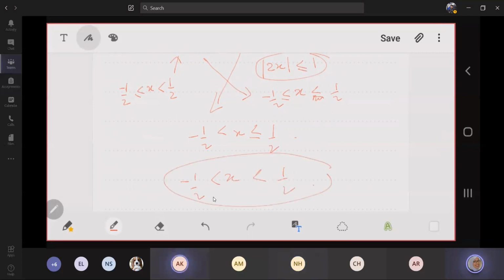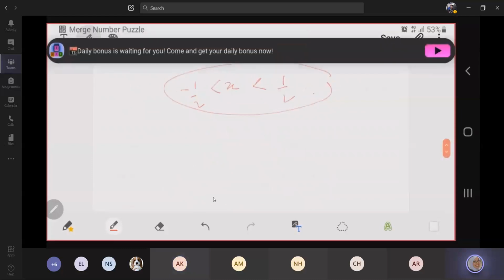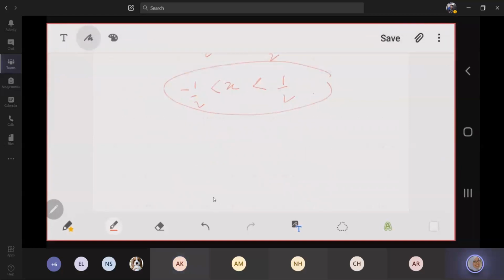Now, let's say if you have something that you have to expand.